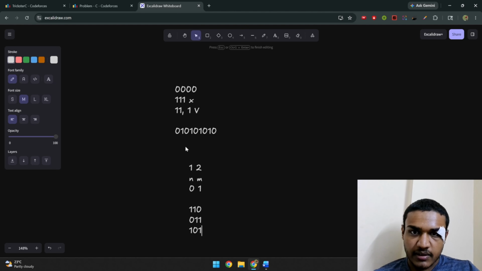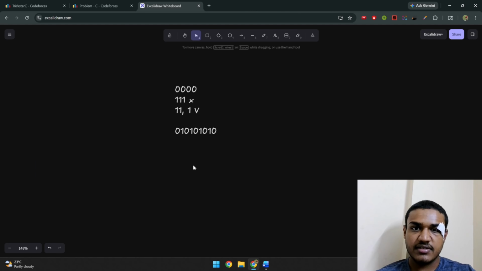Because of the criteria, two ones can be together, which is true. And we don't need to worry about the zeros being together because there's only one zero. These three are the valid combinations for this example.